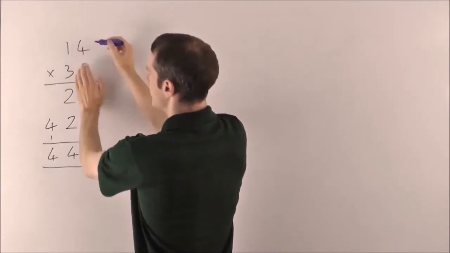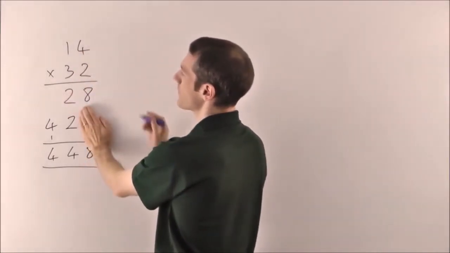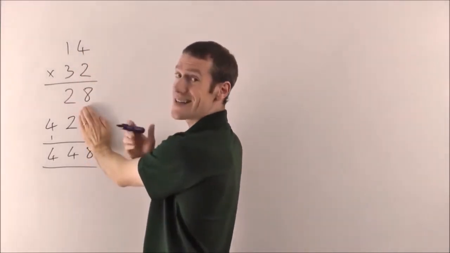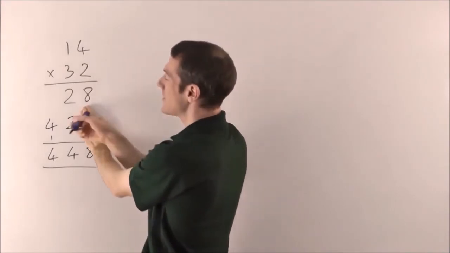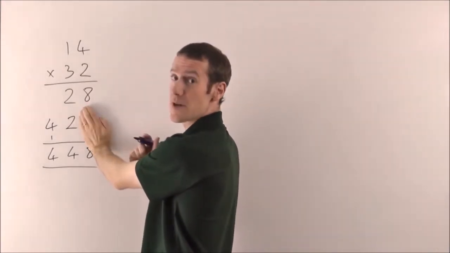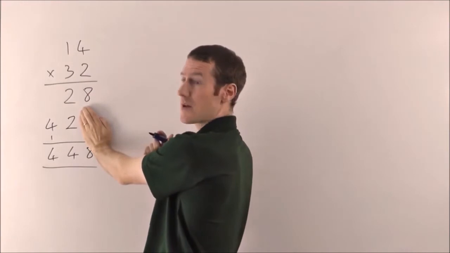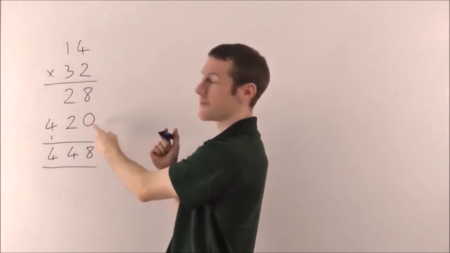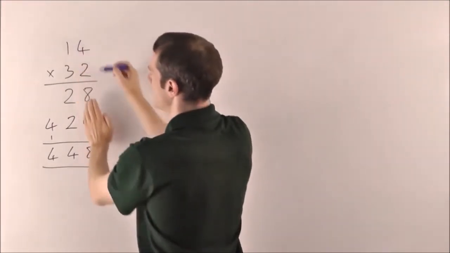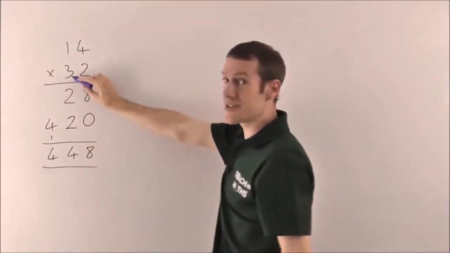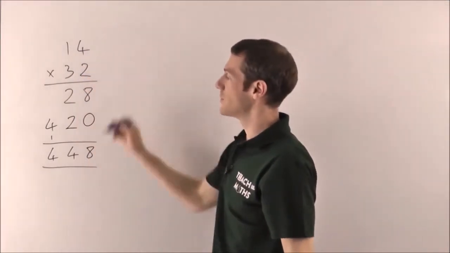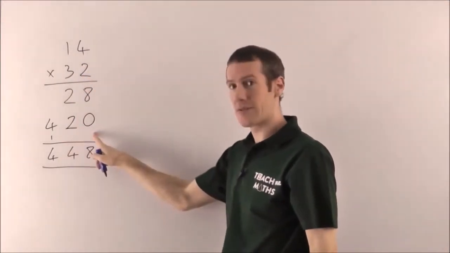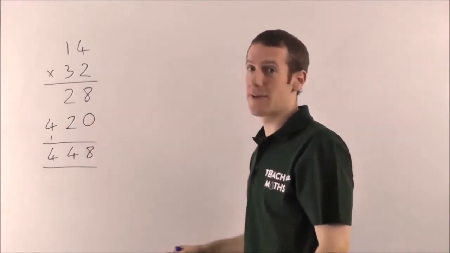Now 3 times 14 gives you 42, but 30 is 10 times bigger than 3. That means our answer should be 10 times bigger. And the way you make something 10 times bigger, you stick a 0 on the end. So 3 times 14 is 42, but 30, which is what we've really got, times 14, will be 420. So that's what's going on with that 0.